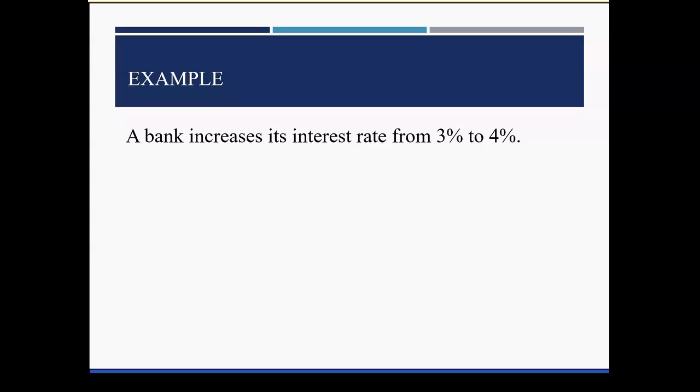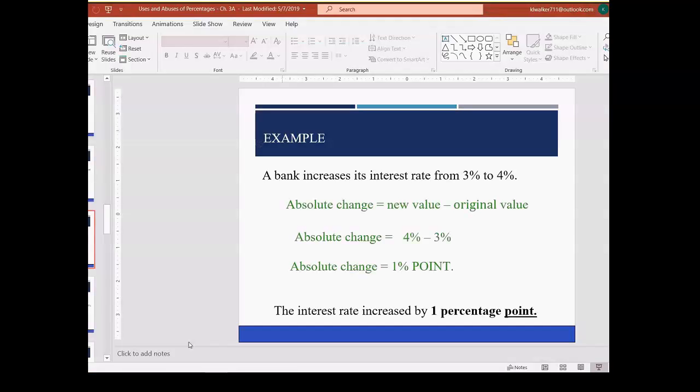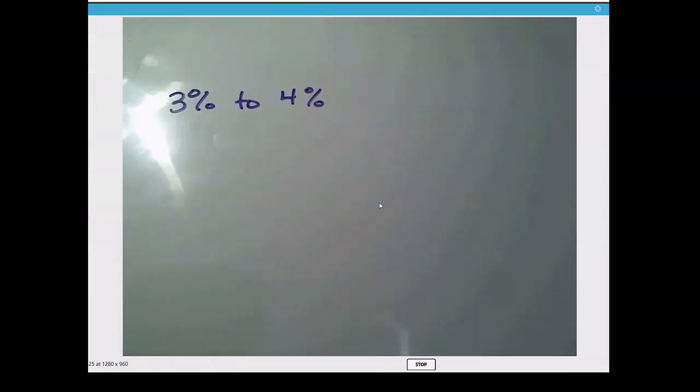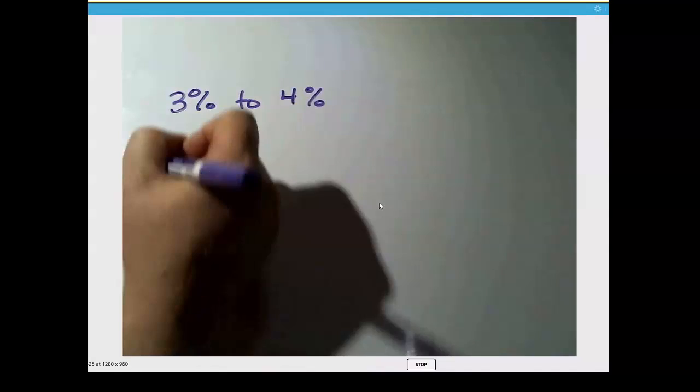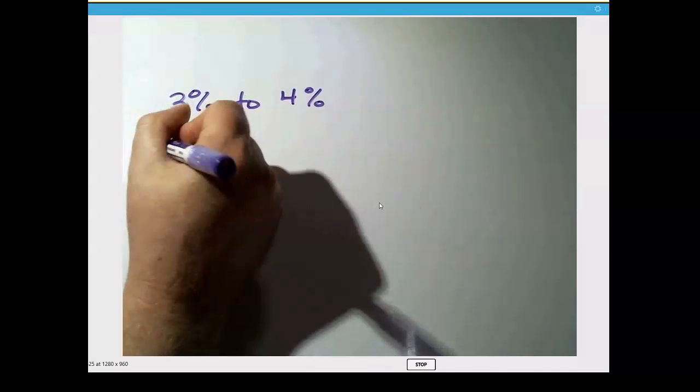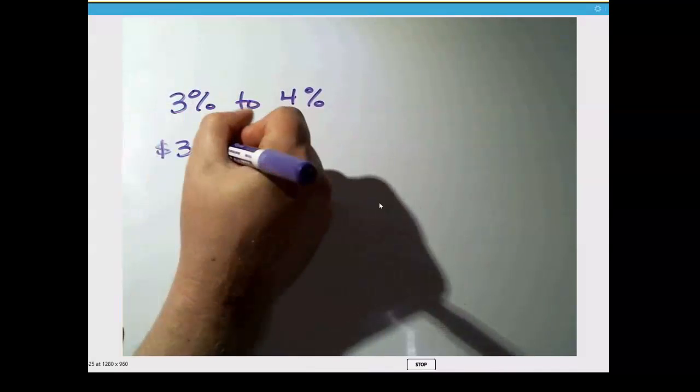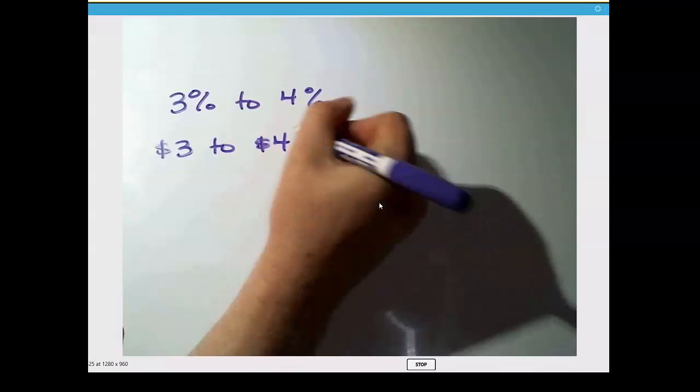So just bear with me for 1 second. Go back over here. All right, so here is the example that they asked for, 3% to 4%, and they want it as absolute and relative. But what if it was $3 to $4?